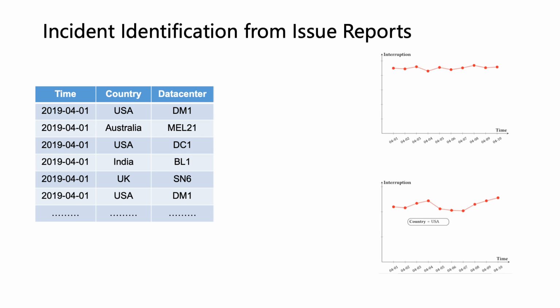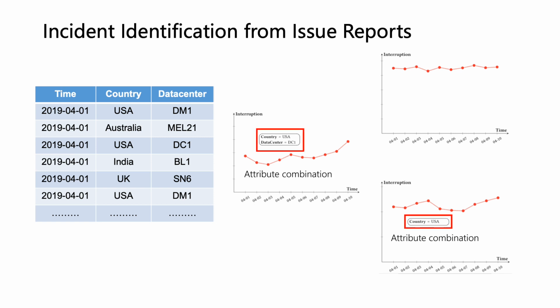Let us continue to break down. Now we have the data center column and the corresponding figure for data center DC1. The trend seems to be more apparent. Note that we can have different values for each column. For a specific value, we call it an attribute. Now, these two legends describing the VM properties are referred to as the attribute combination.